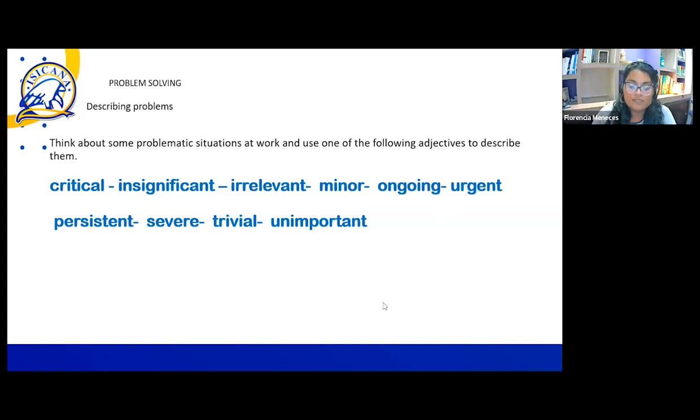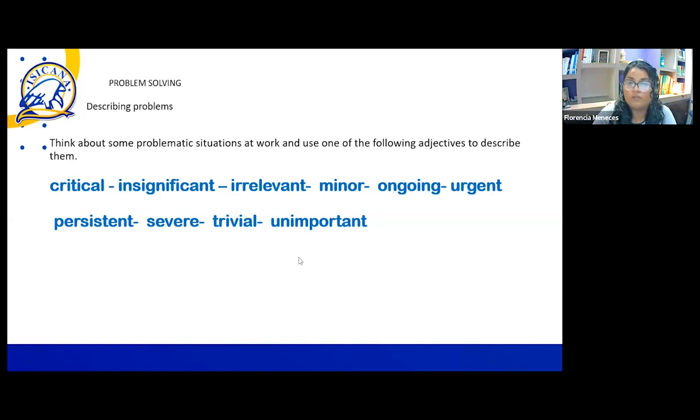Okay, so taking into consideration these adjectives that we need in order to describe a situation, because maybe we can face some problematic situations at work that are not that relevant. Yes, okay, there is a minor problem going on, or let's not say insignificant, but let's say maybe an irrelevant one that is not related to at least our work, to our teamwork.